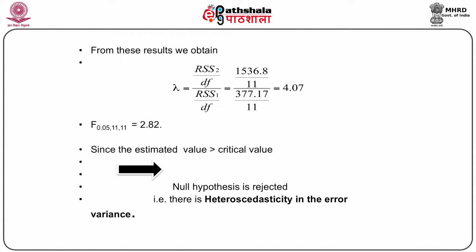The resultant value of the test statistic is 4.07. The critical F value for 11 degrees of freedom of numerator and 11 degrees of freedom of denominator at the 5% level of significance is 2.82. Since the estimated F value exceeds the critical value, we conclude that the null hypothesis is rejected, that is, there is heteroscedasticity in the error variance.